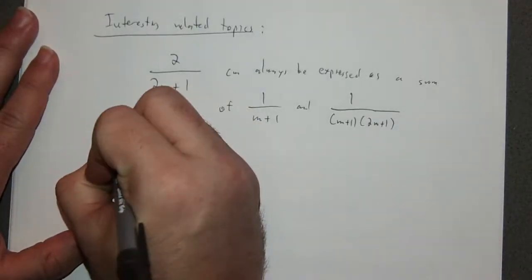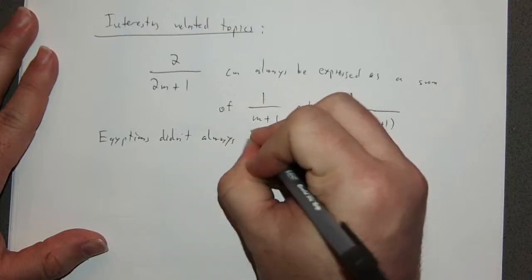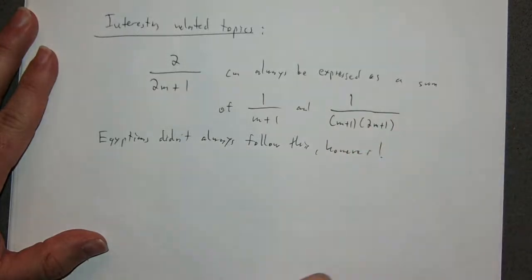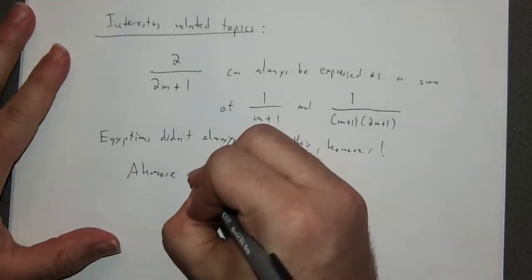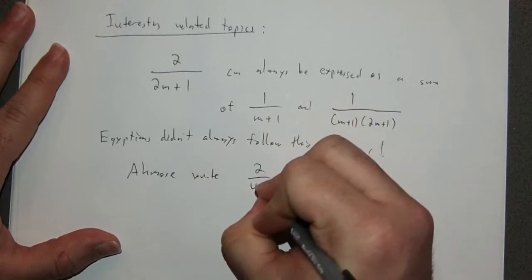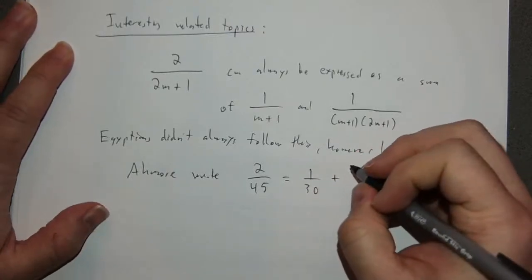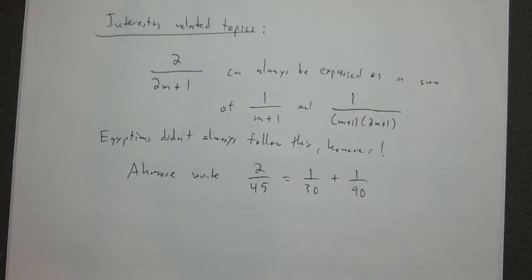So in fact, Ahmose, the writer of the Rhind Papyrus, wrote that 2 over 45 was 1 over 30 plus 1 over 90, which does not follow that recipe.